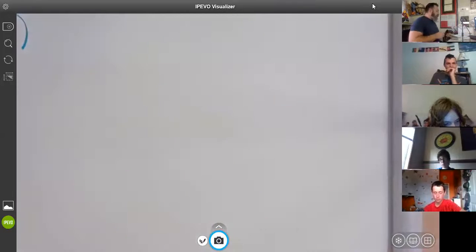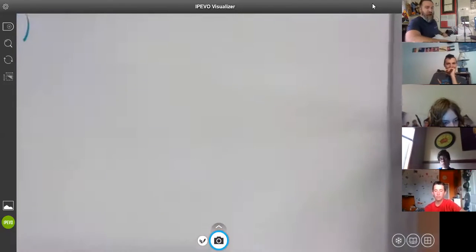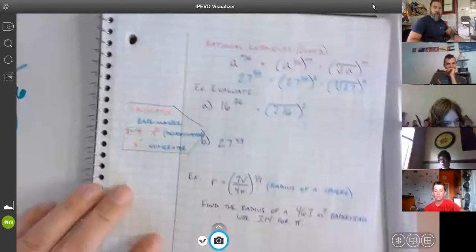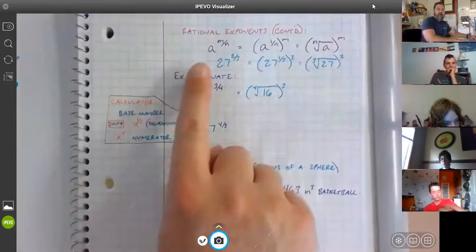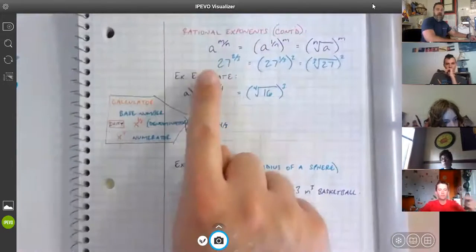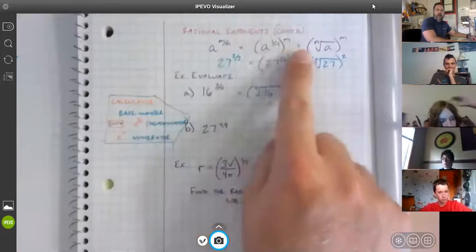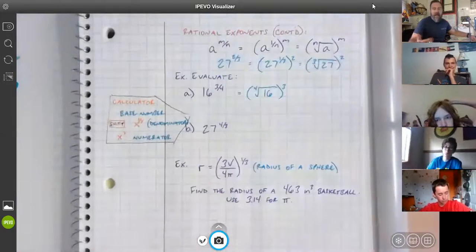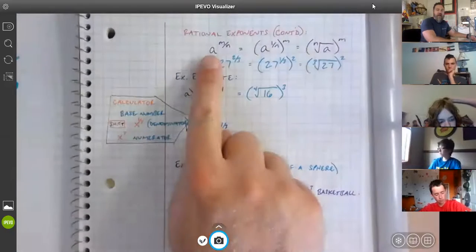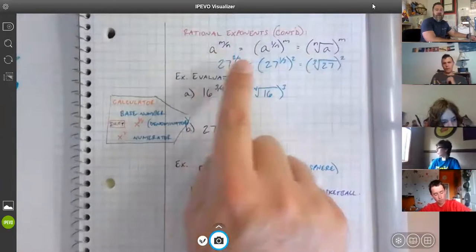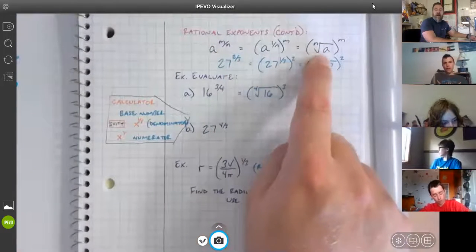So at this point, I'm actually going to jump to the notebook. Again, these are uploaded on Google Classroom. All right, so I'm going to talk about a single property right now, and it's this one. There's just one small twist that's been added into this property. The previous property we had said that a to the 1/n is equal to the nth root of a.